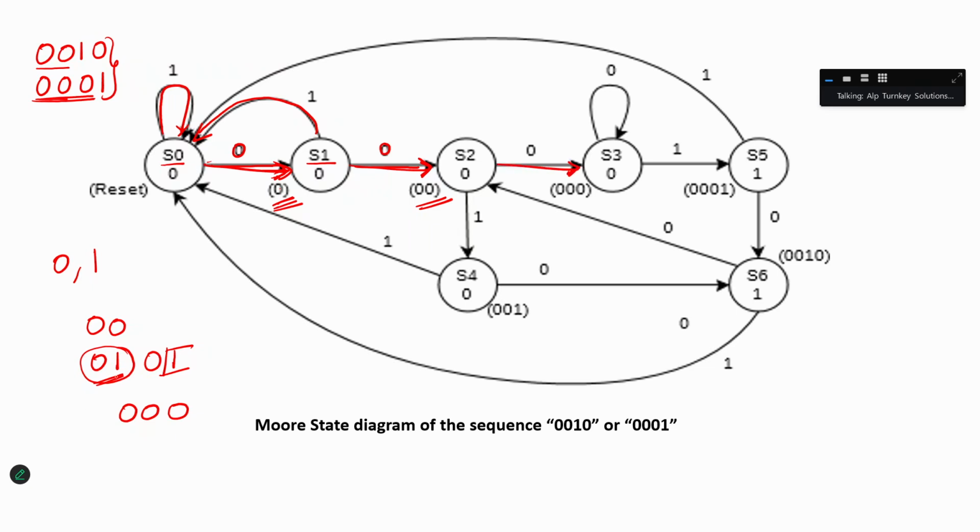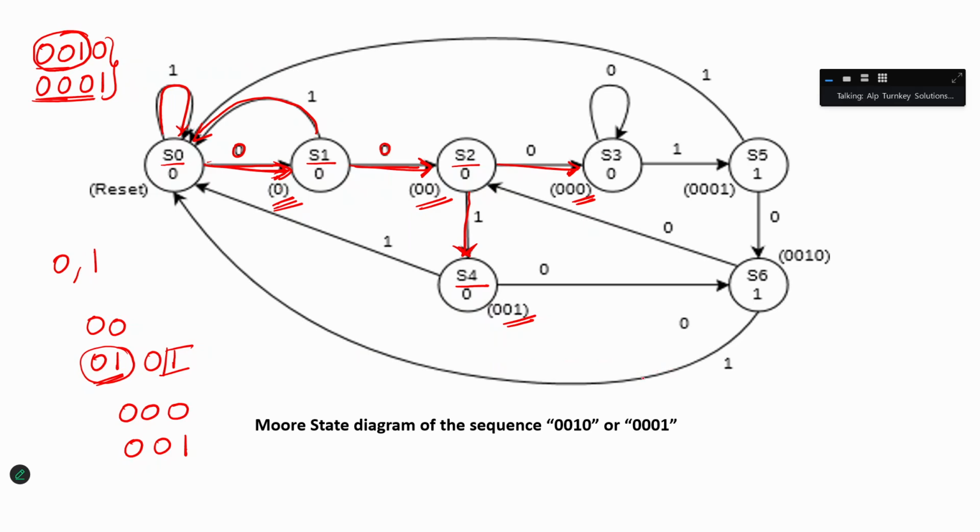And suppose 0 0 0 1, from these sequences I got this sequence, it will go to S4. Here you got input 1, so the output is 0. Here I got 0 0 0 1, here I got 0 0 0. Till here is it fine? Shall I move forward?